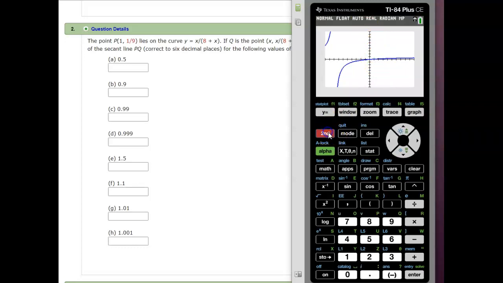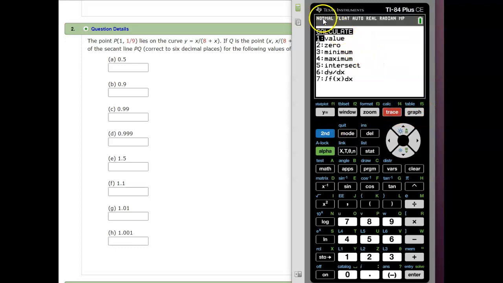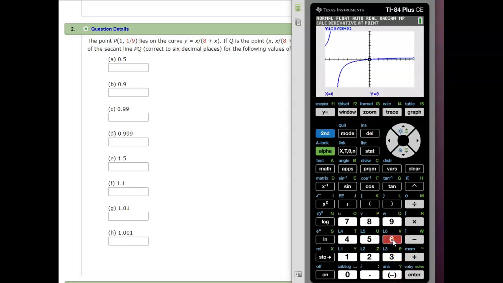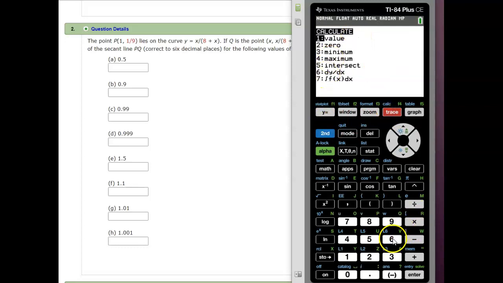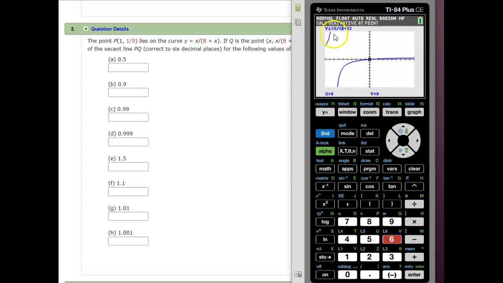So if I do second calc, and this one down here, it looks like a slope. The difference in y's over the difference in x's, that's 6. I want it at 1, so I'm going to put 1 in. And notice it didn't ask me for the 1, so let me do that again. Second calc, 6. It doesn't give me any information about what it wants here. You just have to know that you need to type a number in here.